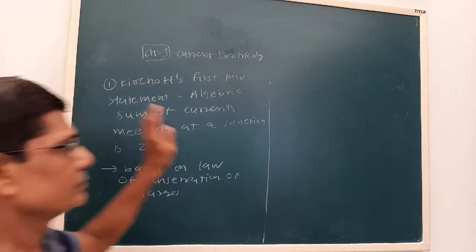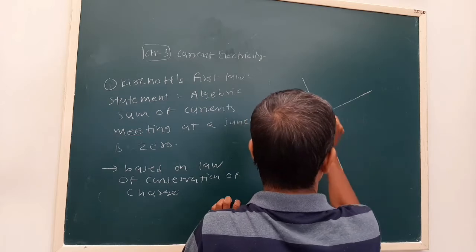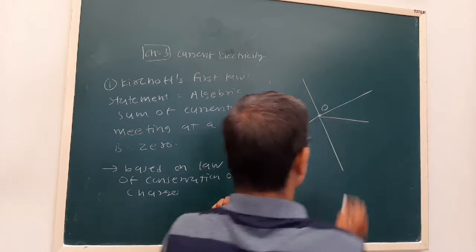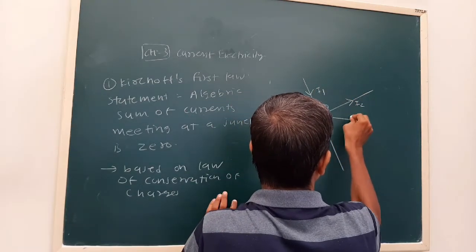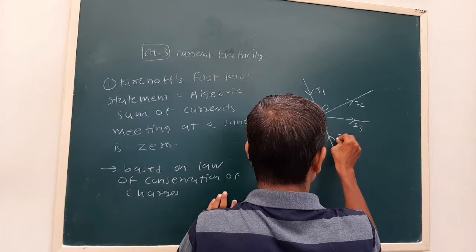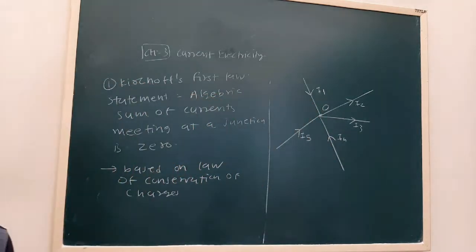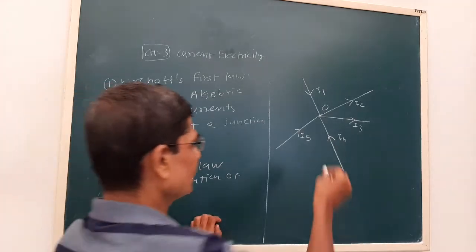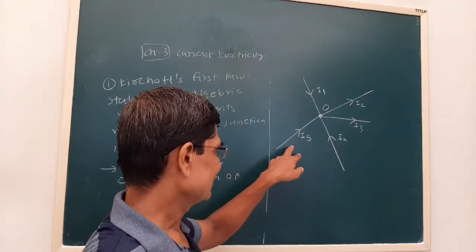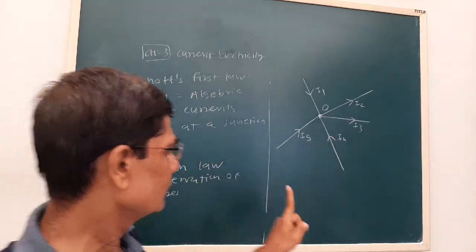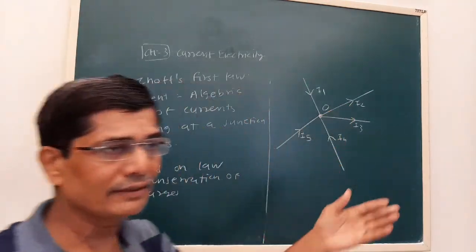Let us say O is a junction here. We can take any arbitrary circuit to understand this. Here, O is the junction. Currents I1, I4 and I5 are coming toward the junction, and currents I2 and I3 are moving away.